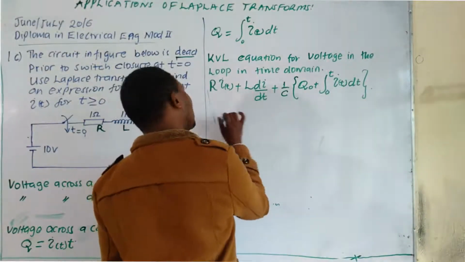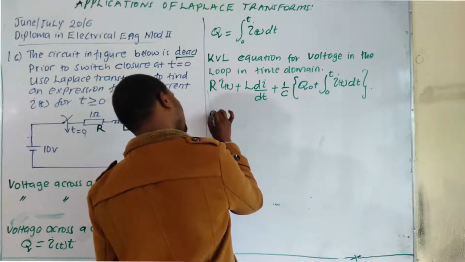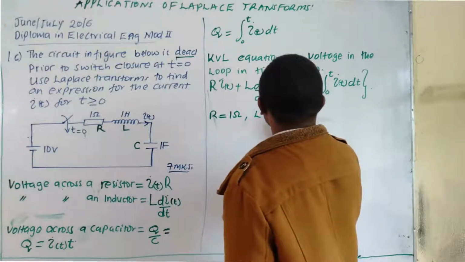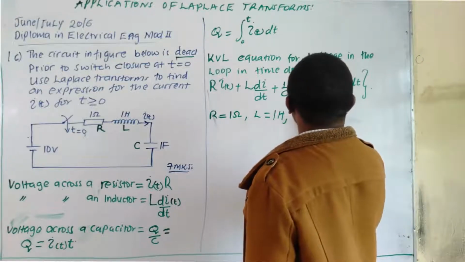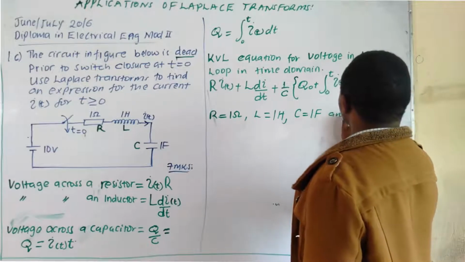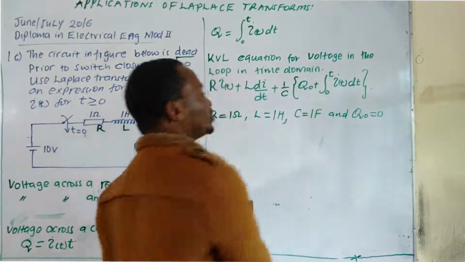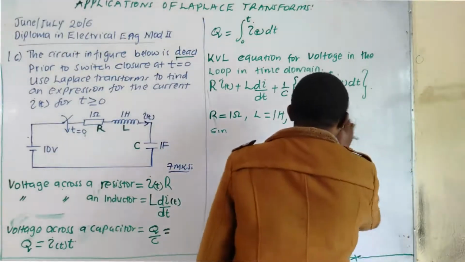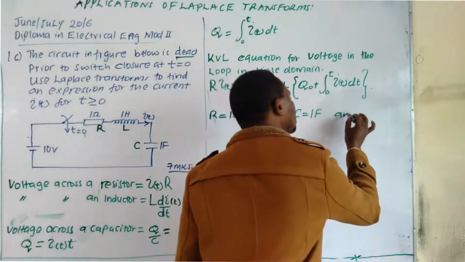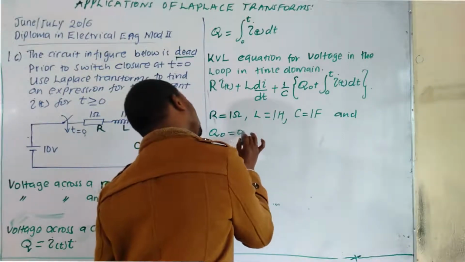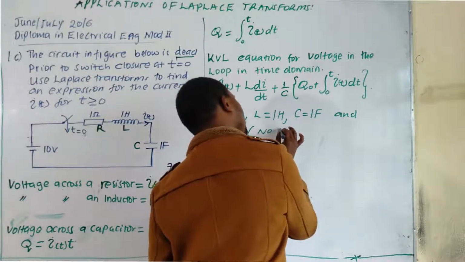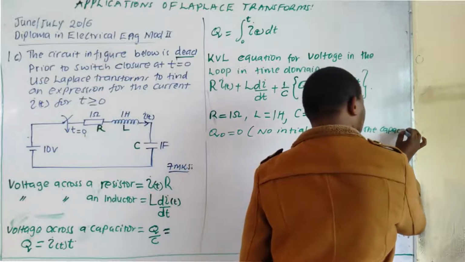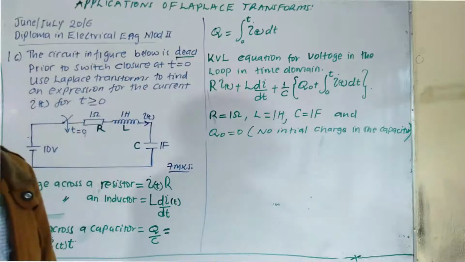Now, substituting: R is equal to 1 ohm, L is equal to 1 Henry, C is equal to 1 farad, and Q naught is equal to 0, because there is no initial charge in the capacitor.